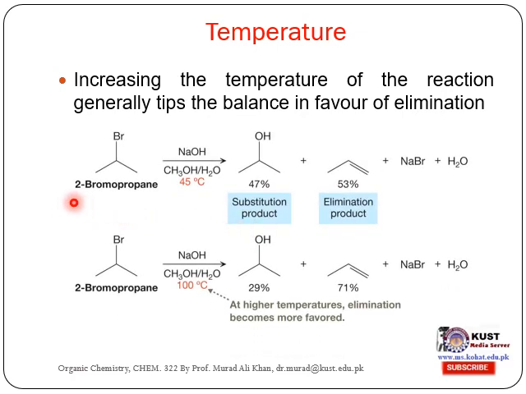Here, 2-bromopropane, sodium hydroxide in methanol water at 45 degrees centigrade gives 47% substitution product and 53% elimination product. But with the same substrate, the same base, and the same solvent at higher temperature, 100 degrees centigrade, 29% is the substitution product and 71% is the elimination product. So at higher temperature, elimination becomes more favored.